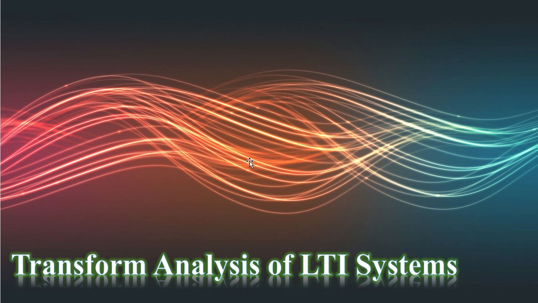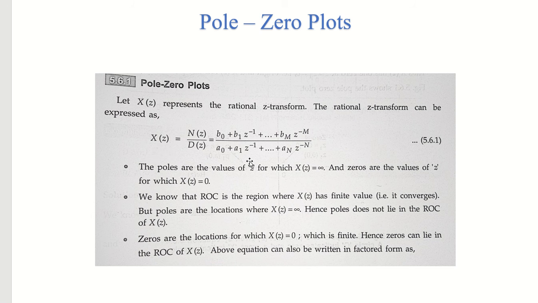So the system function and properties of a discrete time signal, we can obtain in the Z domain. So let's first see the pole zero plots. What are pole zero plots? Let's take a signal x of n, and the Z transform of that signal is obviously X of z. This X of z will represent the rational Z transform, right?